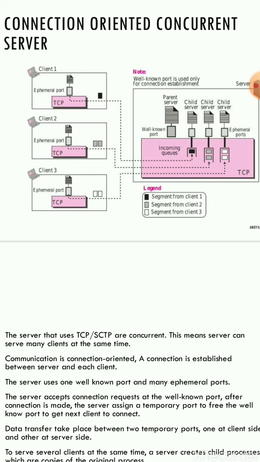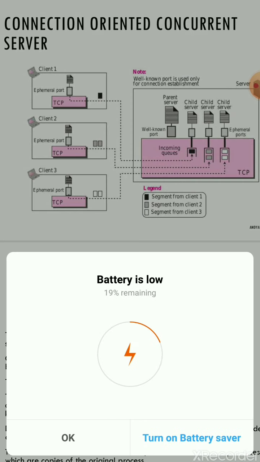The parent server accepts the request, creates a child process, and forwards the request received from the client to that child process, assigning an ephemeral port number to it. The communication then takes place between that client and the child process.